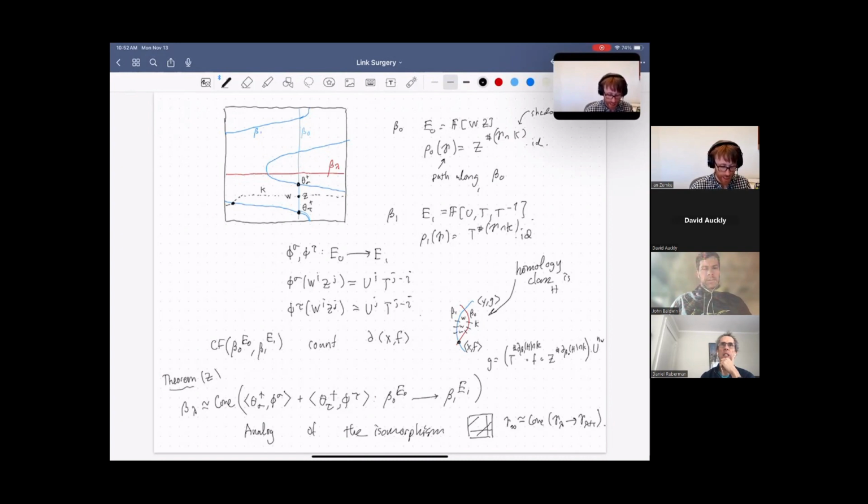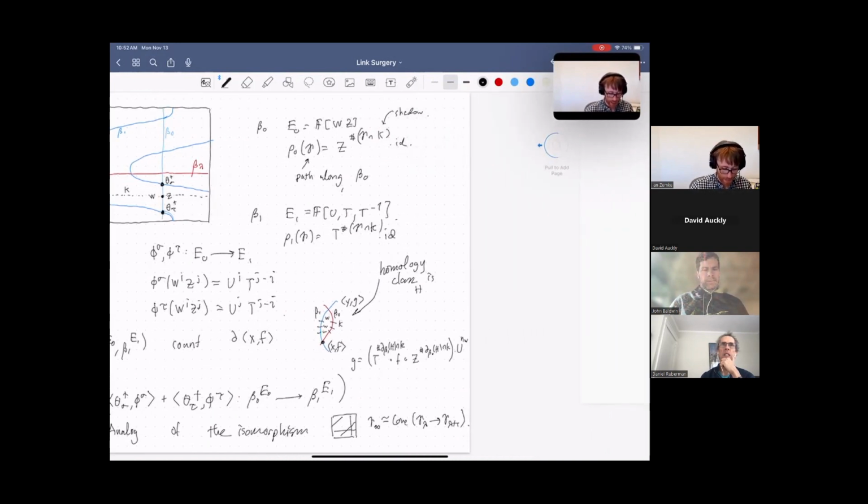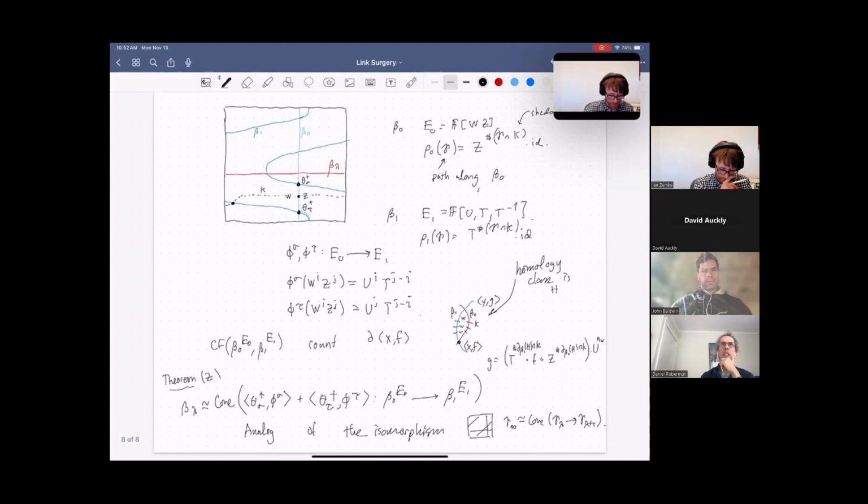I think that will take a little more time than I have, so maybe I'll just explain why one of the elements is a cycle, and then I'll end there. Maybe then it seems a little more concrete.